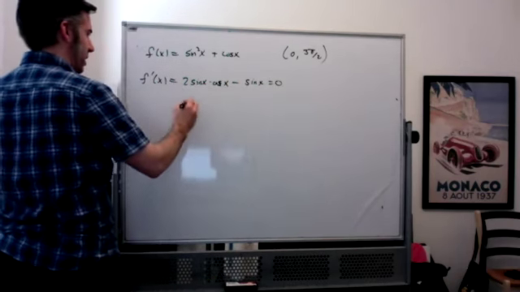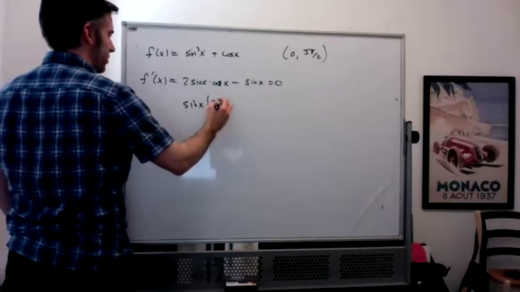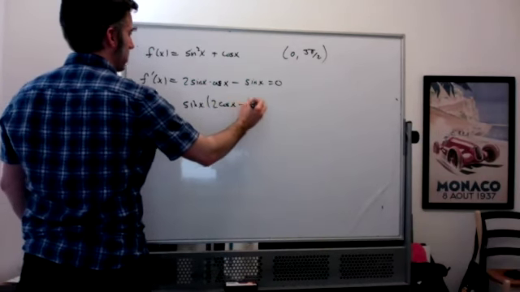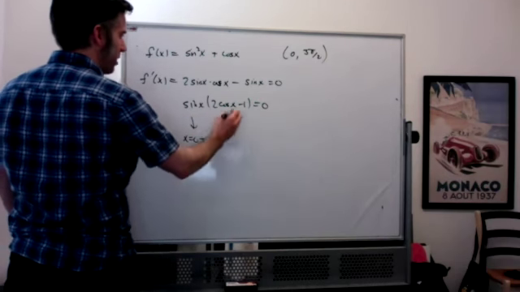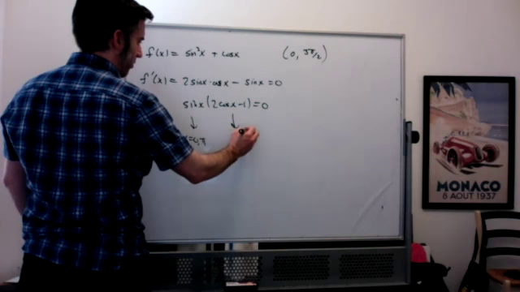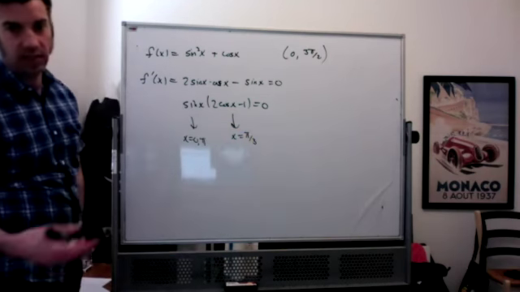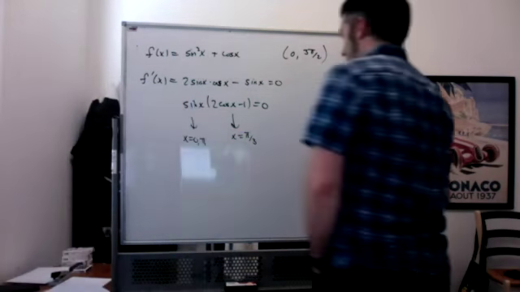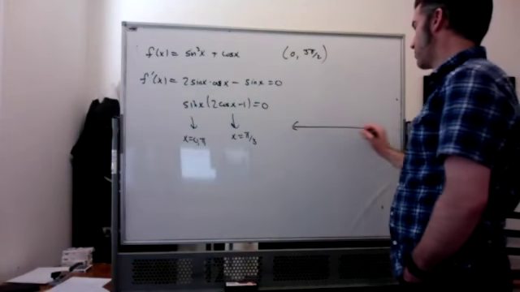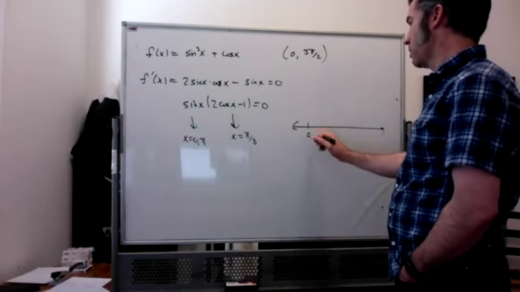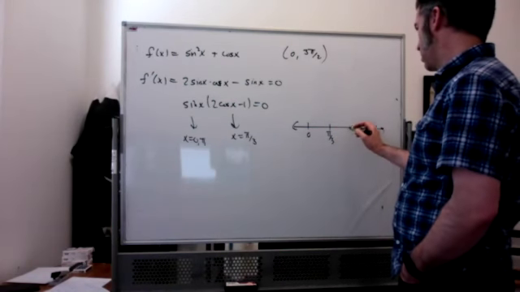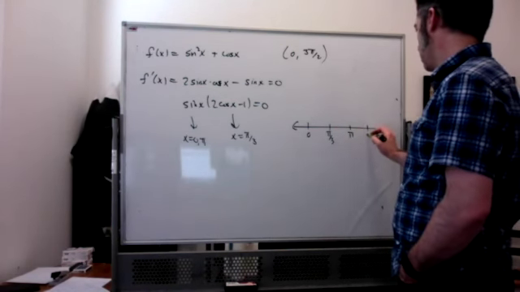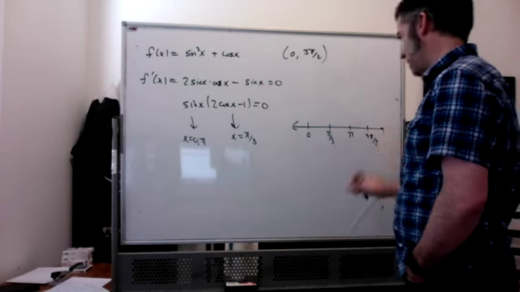We factored out the sine x to get sine x times 2 cosine x minus 1 equal to 0. And you get x being 0 and pi. Here you get x being pi over 3, because you want cosine x to equal 1/2. So then on your number line, you get 0, pi over 3, pi, 3 pi over 2. And that's kind of it, right?